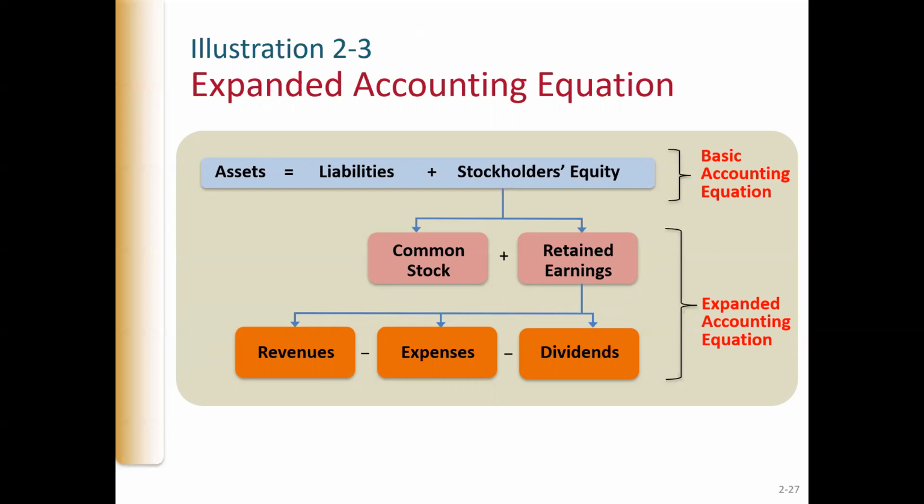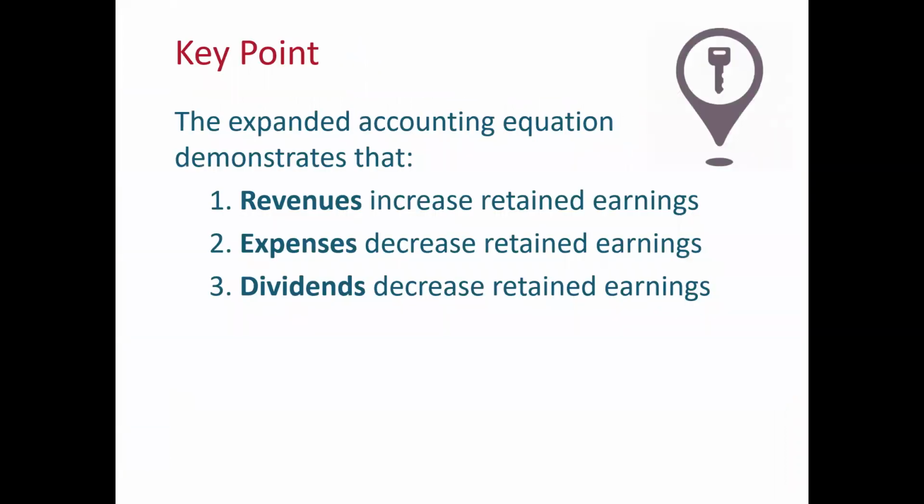So we're expanding this equation because, as we're aware, we add our net income to retained earnings. But since we're now working on transactions, we need to understand that revenues increase our retained earnings, expenses decrease our retained earnings, and it's the same effect as net income. Revenues minus expenses equal our net income.